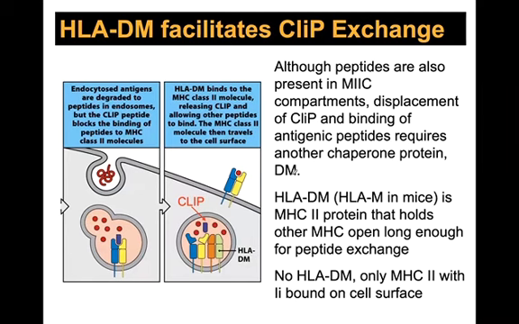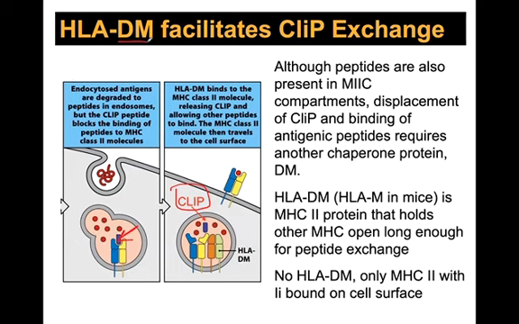Okay, so now you have the little CLIP peptide that's bound to MHC2, and it fuses with this endocytic compartment that has degraded peptides in it. And how do you get those peptides onto it? We talked about these other non-classical MHC class 2 proteins.